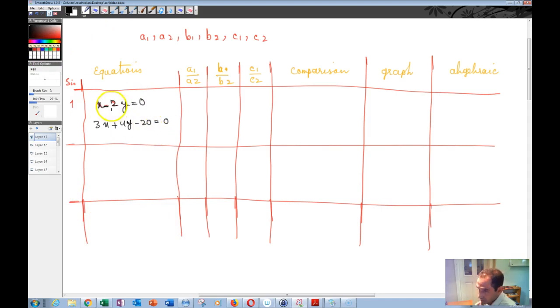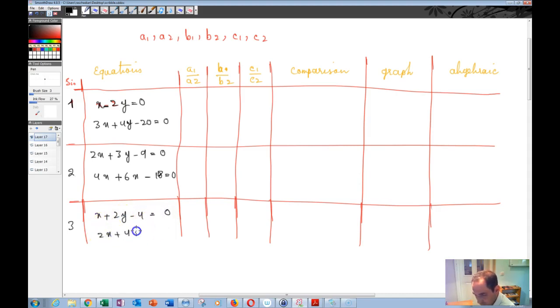I had situation number 1 over here, and then situation number 2 where the equations were 2x plus 3y minus 9 is equal to 0, and 4x plus 6y minus 18 is equal to 0, which were coincident lines. And then situation number 3 where the two lines were parallel: x plus 2y minus 4 is equal to 0, and 2x plus 4y minus 12 is equal to 0.